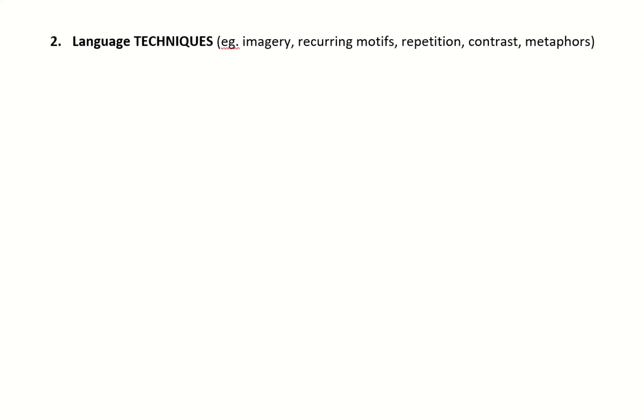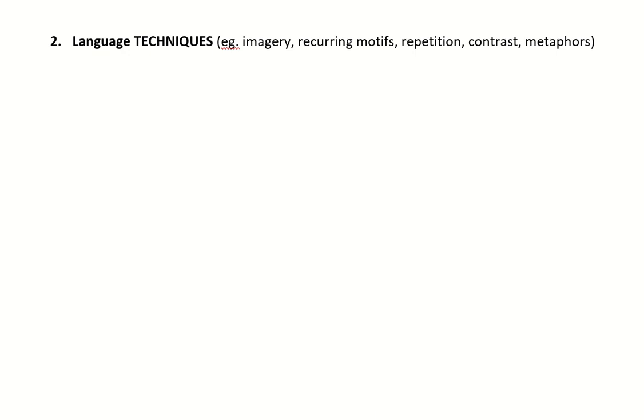The language techniques. Don't overlook Shakespeare's rich crafting of language. So have a look, Year 12, through specific examples for yourself of imagery. The way that Shakespeare crafts, for example, extensive animal imagery, extensive biblical imagery, and again what that represents in terms of his representation of human experiences.